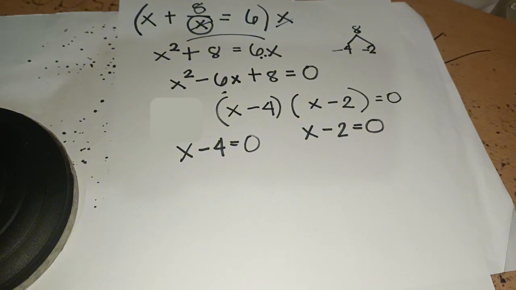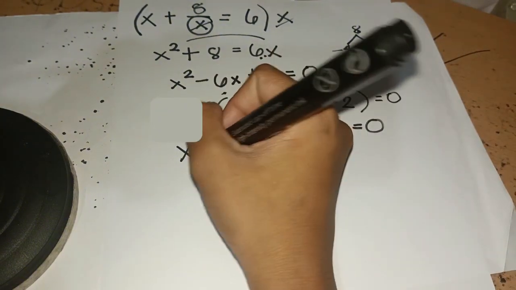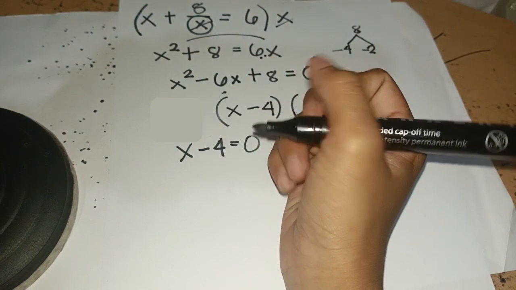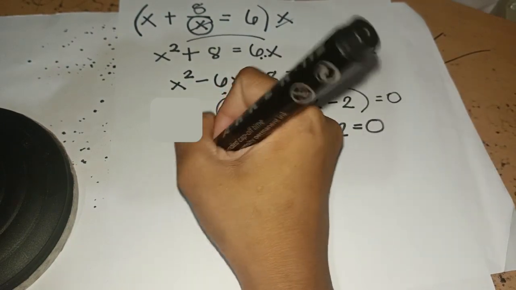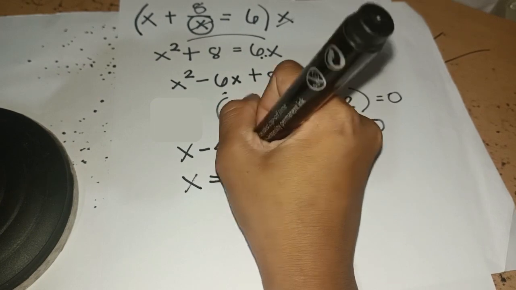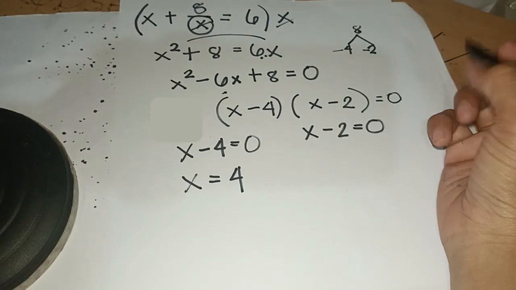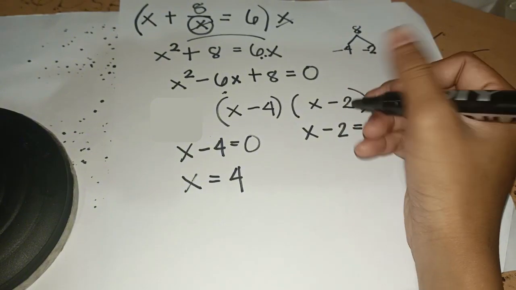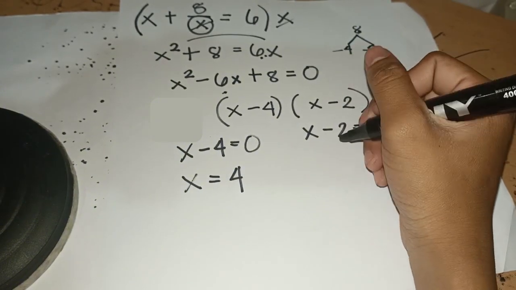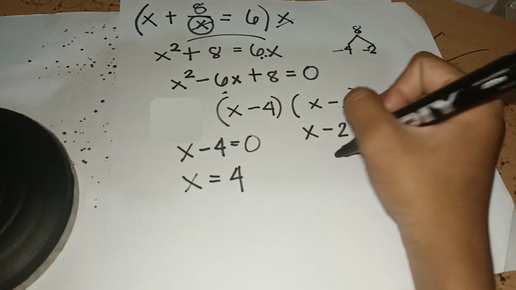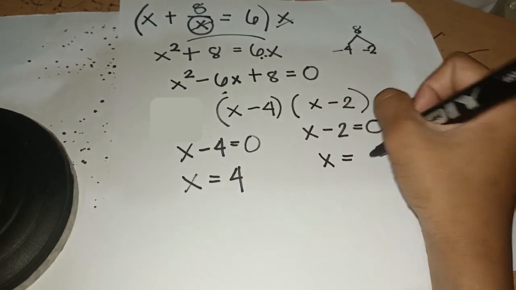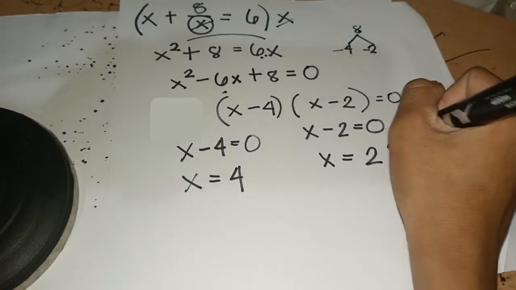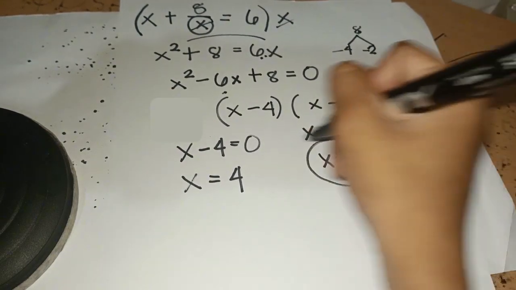In the first equation, if we add 4 to both sides, we can see that x is equal to 4. And in the second one, if we add 2 to both sides, x is equal to 2. This is the answer.